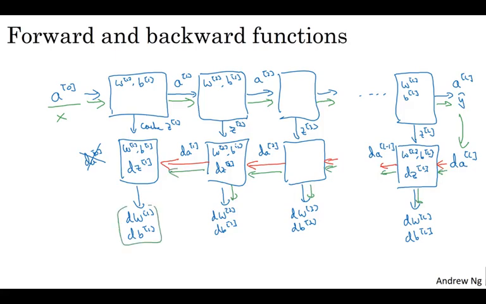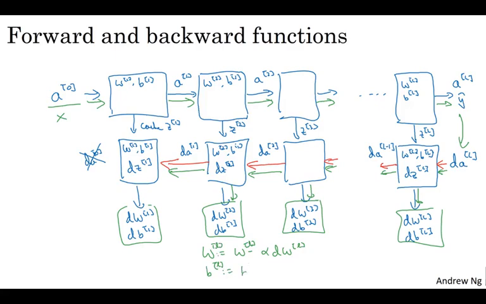And now you have all these derivative terms, and so W will get updated as W minus the learning rate times dW, right, for each of the layers, and similarly for B, right? Now that you've computed backprop and have all these derivatives. So that's one iteration of gradient descent for your neural network.